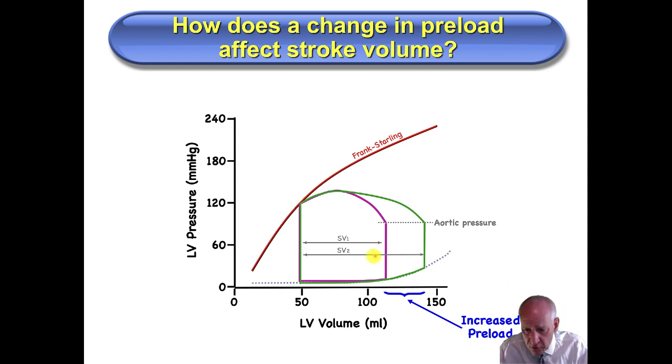And now the PV loop shows that we have a larger stroke volume produced by a larger filled volume. So when the heart is presented with more blood, it will eject the extra blood on the very next beat. And this is how stroke volume is matched to ventricular filling. In other words, this is how cardiac output is matched to venous return. That's very important.